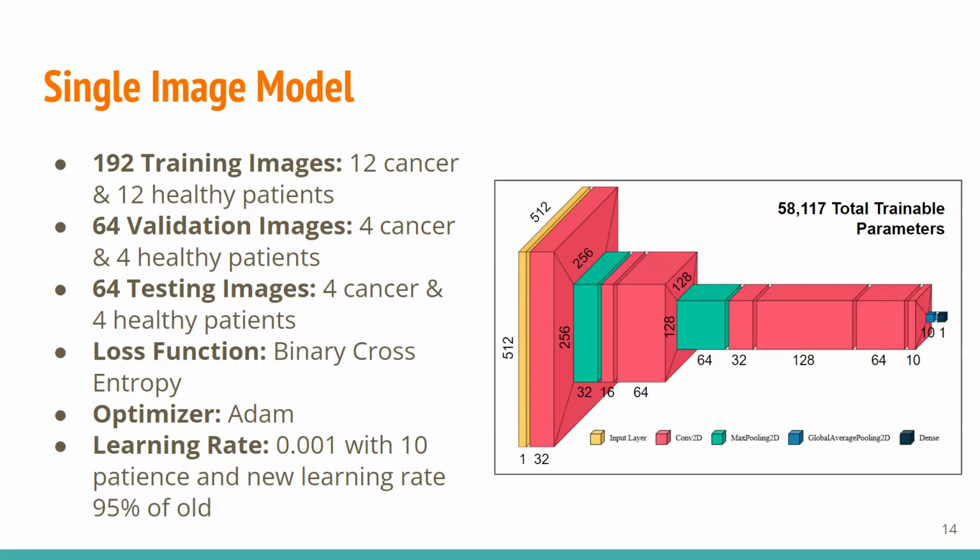We also used the Adam optimizer with a learning rate of 0.001 with 10 patience and a new learning rate of 95% of the old when that patience runs out. We had a relatively small model of 58,117 total trainable parameters, mainly due to the overfitting problems we would get with such a small data set.